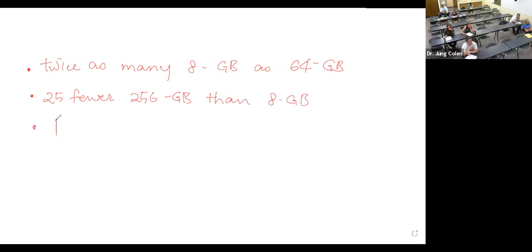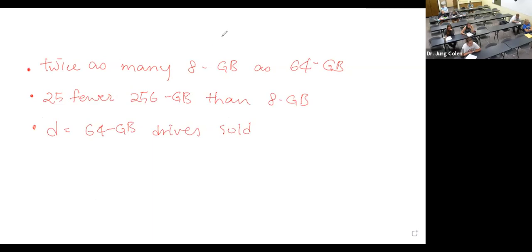The third one is D is equal to the number of 64 gigabyte drives sold. So these are the important sentences that we're gonna use.